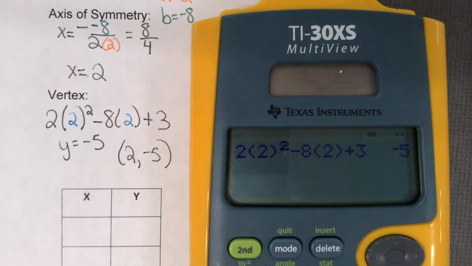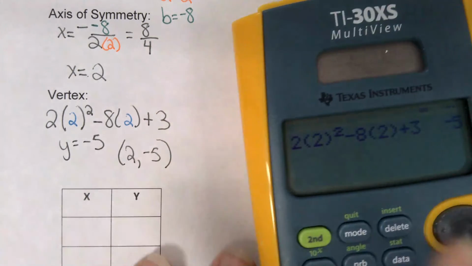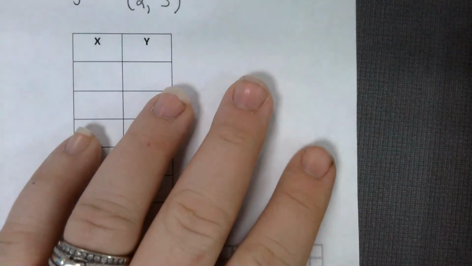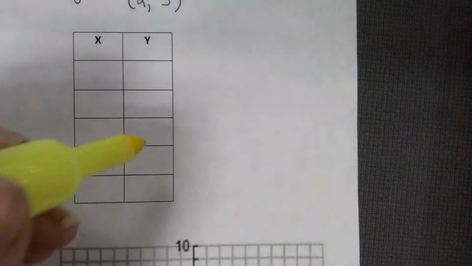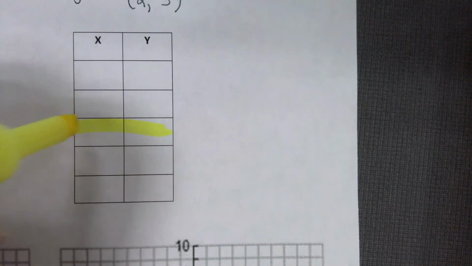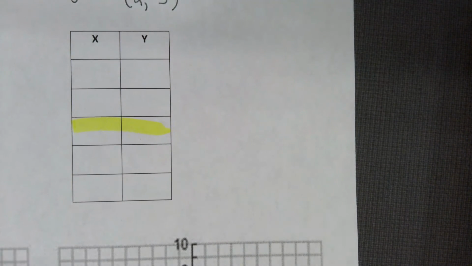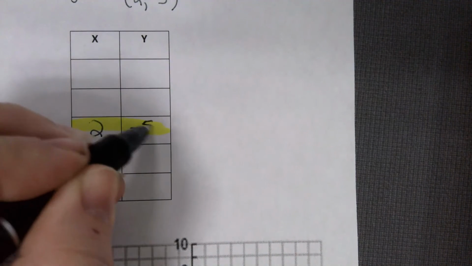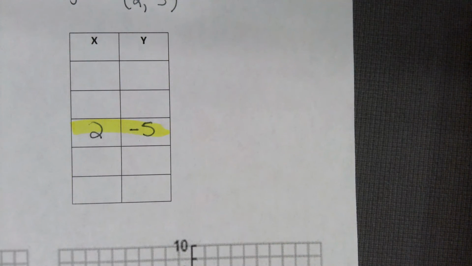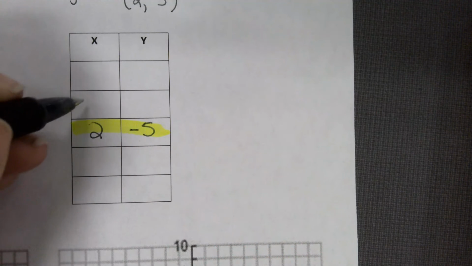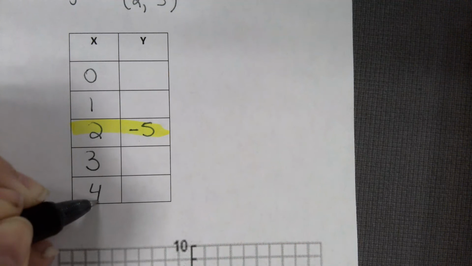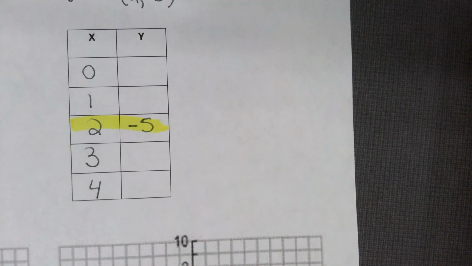So down directly in the middle of your table, you're going to put your vertex. So here's the middle of my table. My vertex, 2, -5. So if I count down, 2, 1, 0, and then count up, 3, 4. Let's go ahead and plug our x's into the equation.